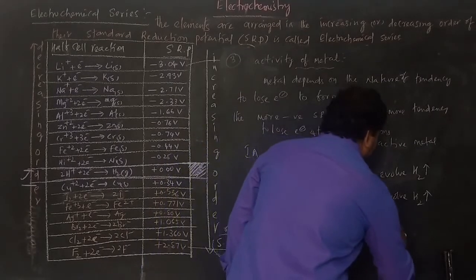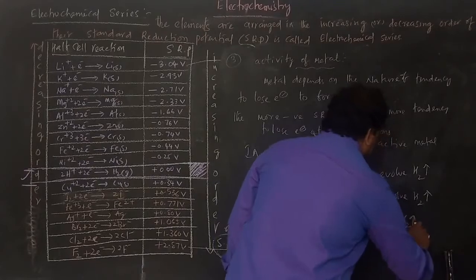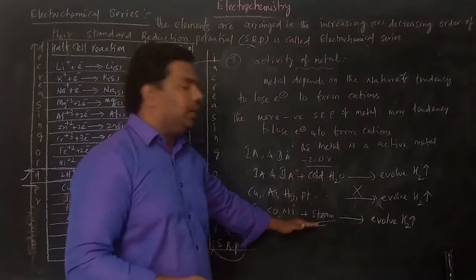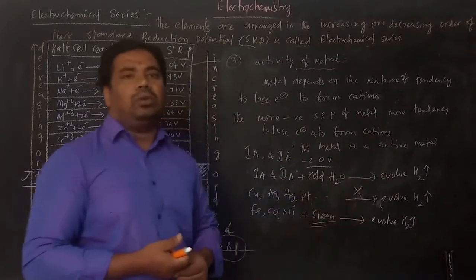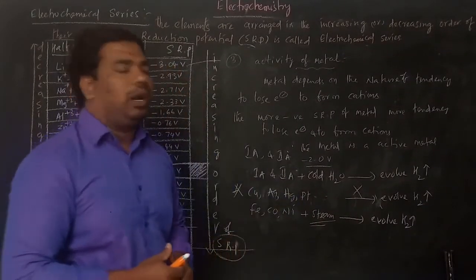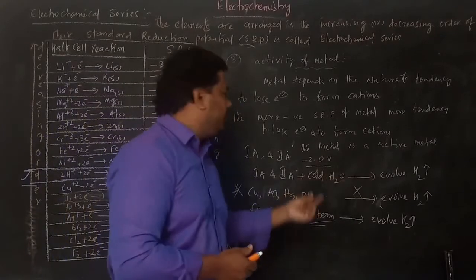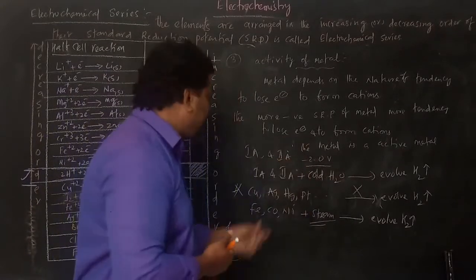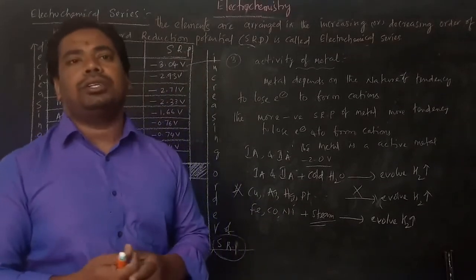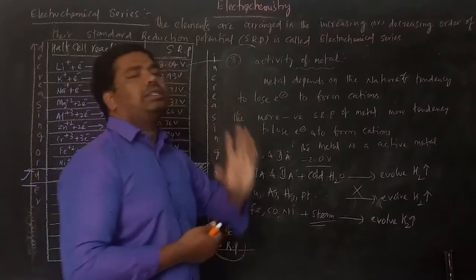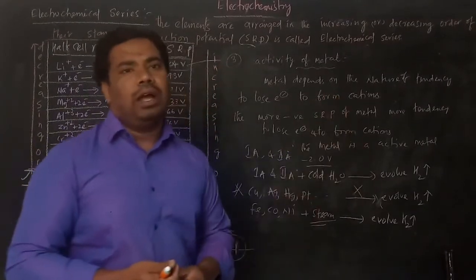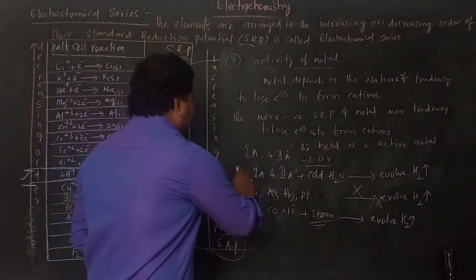But copper, silver, mercury and platinum cannot evolve hydrogen gas with cold water because these metals have a more positive standard reduction potential. But first and second group elements can react with cold water to evolve hydrogen gas. This is very, very important.